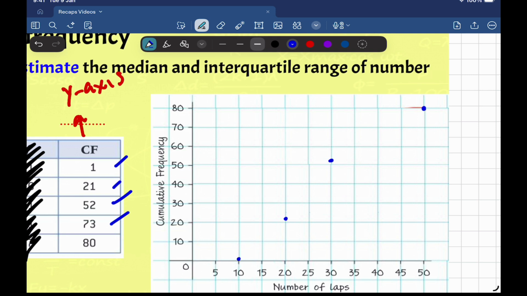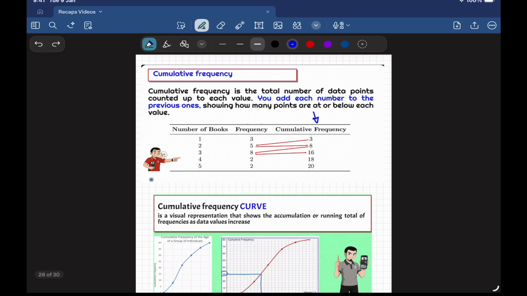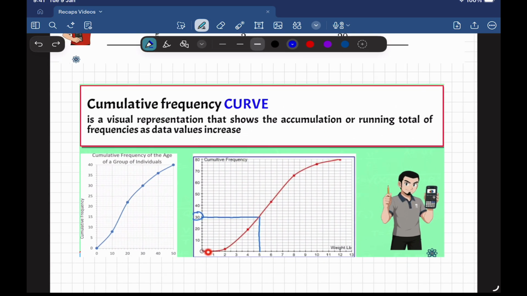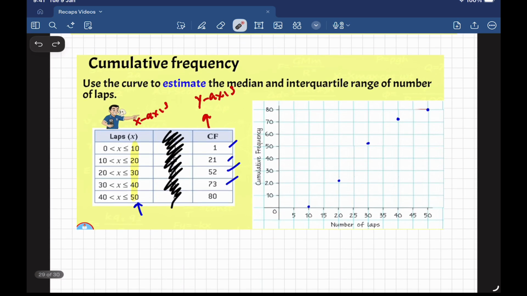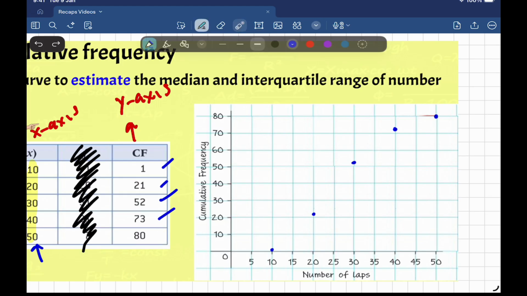Okay, then what is the trick? I was saying that always the cumulative frequency curve follows this shape like an S. So we are going to join the points, trying to do something like an S, like this.